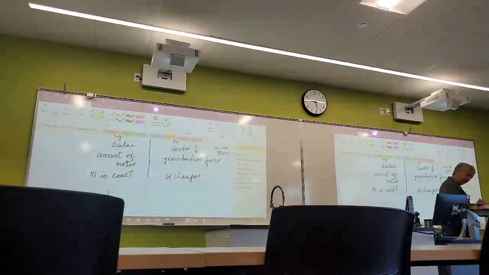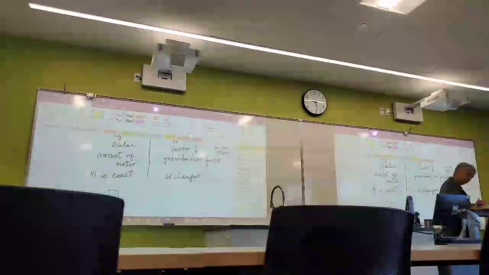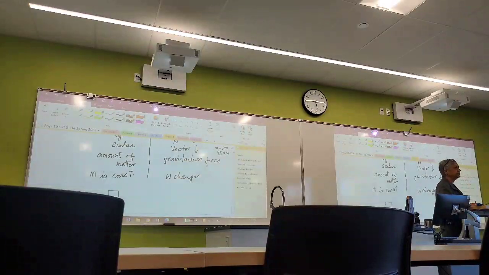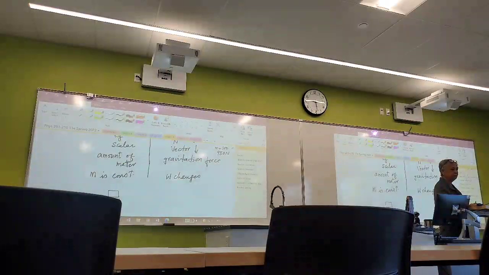Let's say I have a lead brick. Lead bricks are pretty heavy, right? Is it easier to lift on Earth than Moon, or is it easier on Moon than Earth? Easier on the Moon to lift, correct?